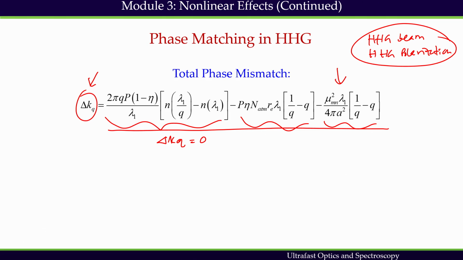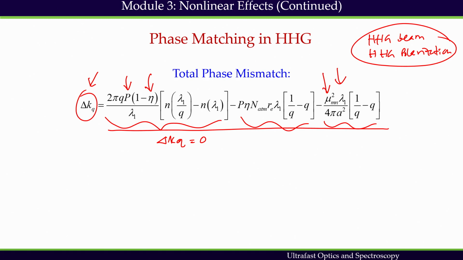The parameters which we can control in this phase matching process are, of course, pressure, which can be varied, then the ionization fraction, how many molecules we ionize, which can be varied. And in the waveguide, we can also vary the mode quality of the waveguide.